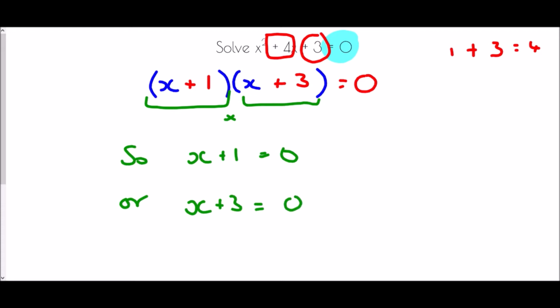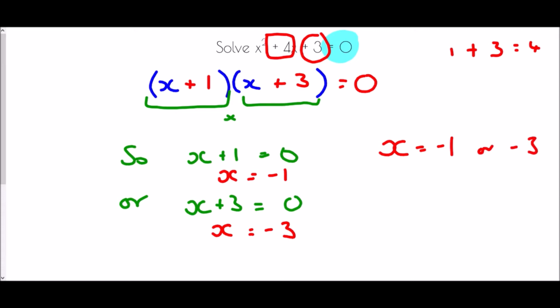And if that is the case, what does x equal? Well, in the first case, x plus 1 equals 0, therefore x equals negative 1. Or x plus 3 equals 0, therefore x equals negative 3. My solution to this problem is that x equals negative 1 or negative 3.